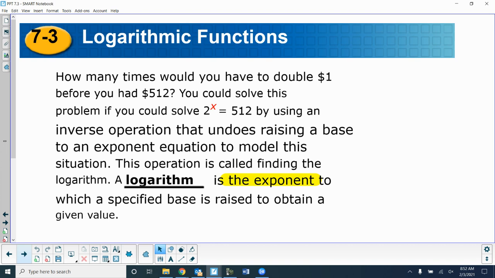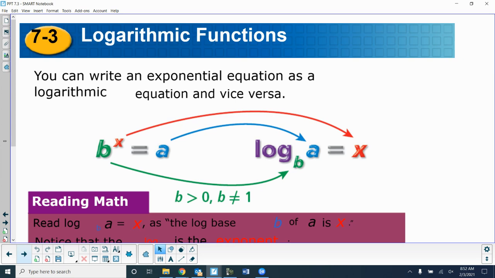So here's what they look like. Here's my exponential. We have a certain number, the base, raised to the x power equals some number. Like 2 to the third equals 8, right? 2 is the base, 3 is the exponent. Our number is 8. Now, our base has to be what type of number?